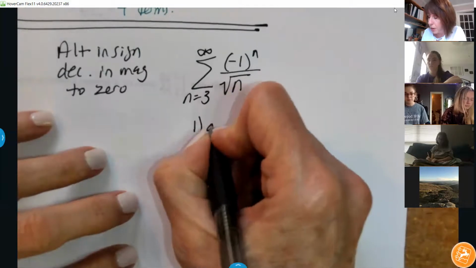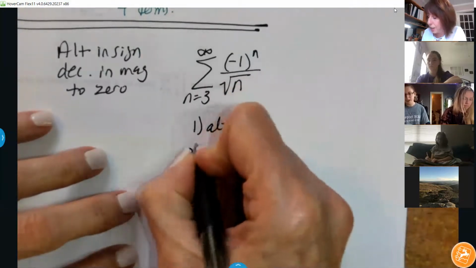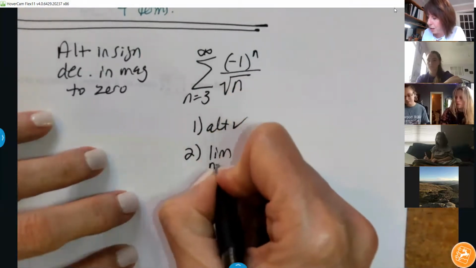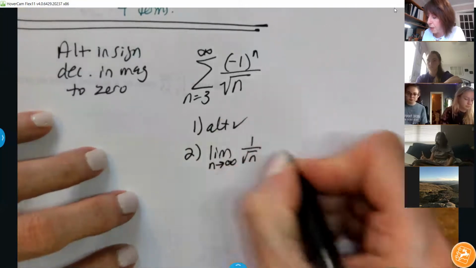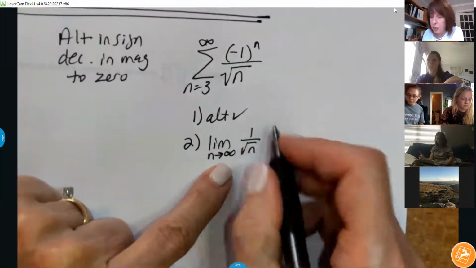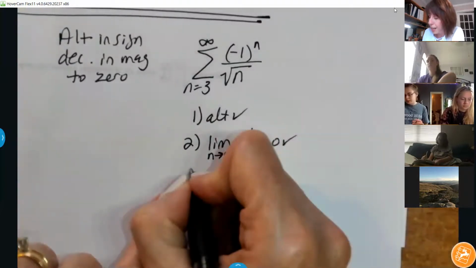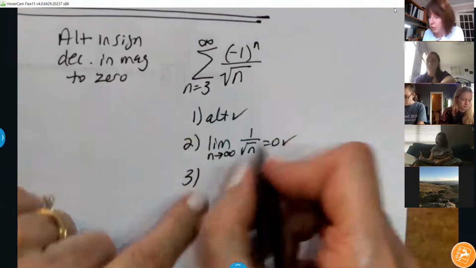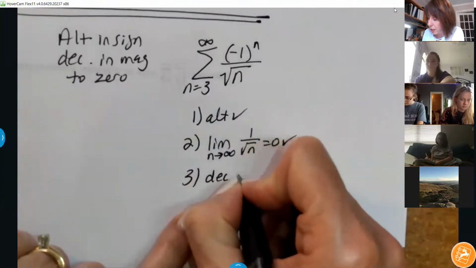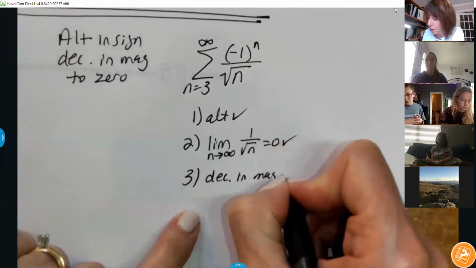They do 1, alternating, check. 2, the limit is 0. So as n goes to infinity, this goes to 0, check. 3, each term is decreasing.